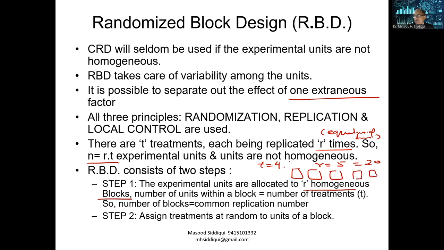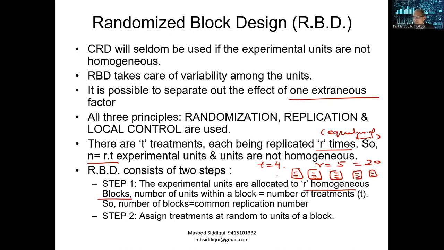These are the 5 blocks, and in each of the 5 blocks we have 4 units: 1 2 3 4, 1 2 3 4, 1 2 3 4, 1 2 3 4, 1 2 3 4. Okay, right? So experimental units are allocated to r homogeneous blocks, and the number of units in a block is equal to the number of treatments. As we have discussed, the number of blocks is equal to the common replication number, because each treatment is being replicated an equal number of times.